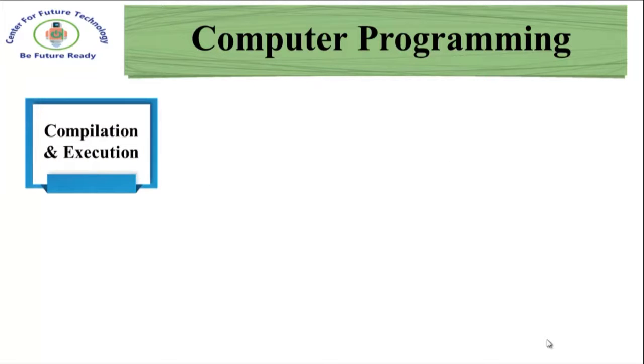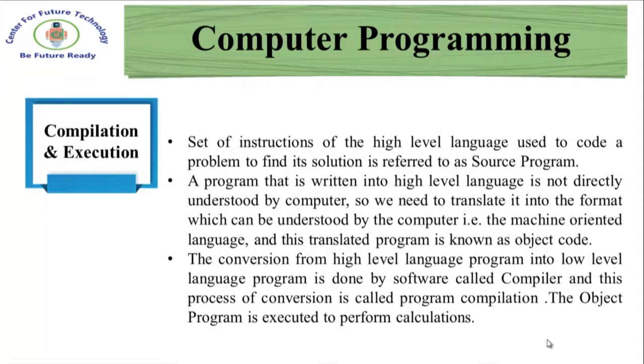Compilation and execution. The set of instructions of the high-level language used to code a problem to find its solution is referred to as a source program. A program that is written in high-level language is not directly understood by the computer.